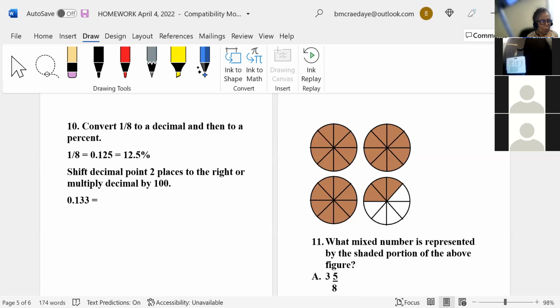Shift your decimal point two places to the right, or multiply by 100. Your decimal point is here, and if you move it two places to the right, you will be between these two threes. So it'd be 13.3%. Got it?